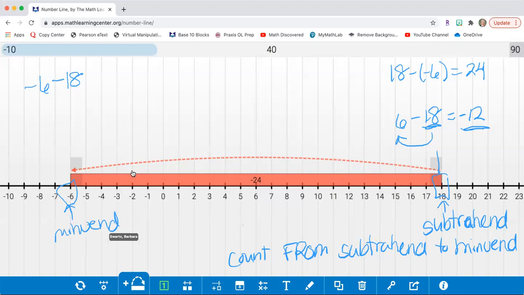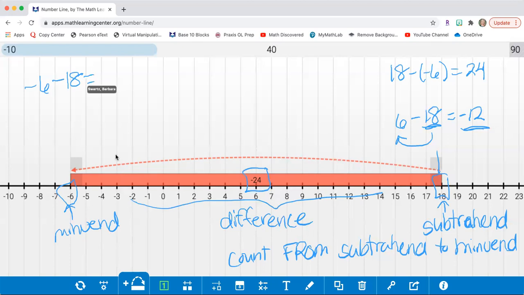And here I can still see this whole thing as the difference or the distance between these two numbers. And again, we see -6 minus 18 is -24 now. The distance between -6 and 18 is 24 spaces. But if we're going -6 minus 18, we want this -24 because we start at the subtrahend 18 and we count to the minuend. Count from the subtrahend to the minuend, and that's how we can yield this negative number.